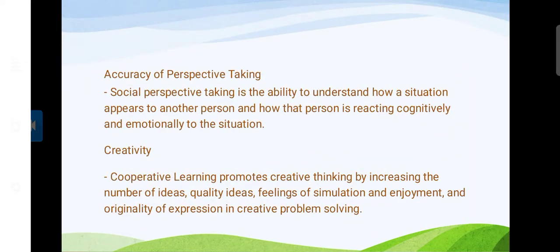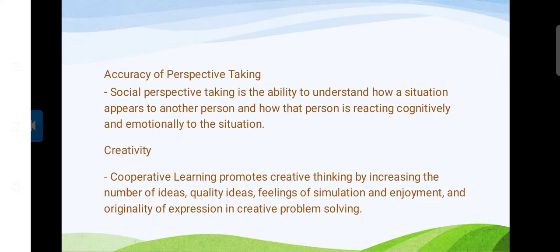And accuracy of perspective taking. Social perspective taking is the ability to understand how a situation appears to another person and how that person is reacting cognitively and emotionally to the situation.